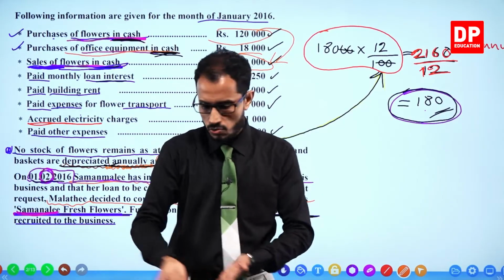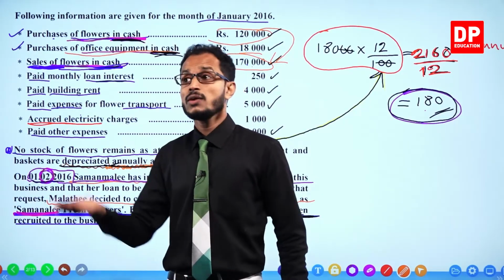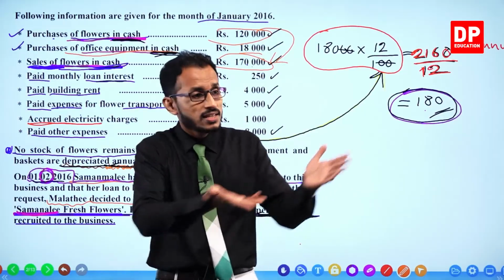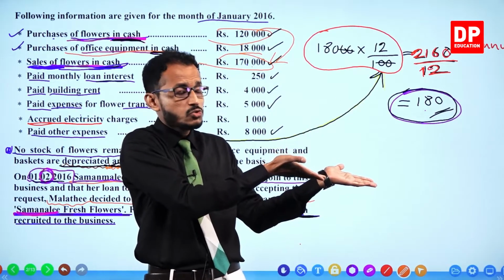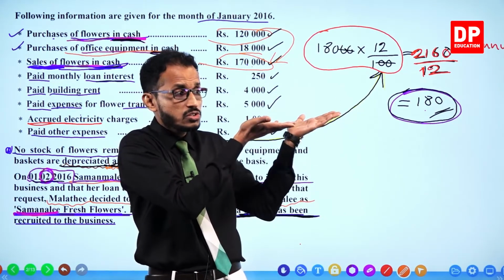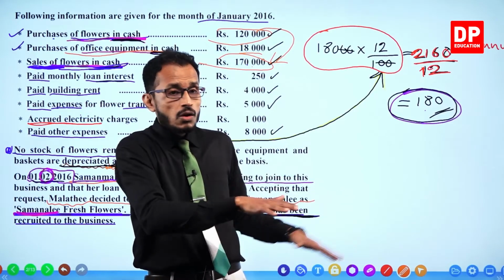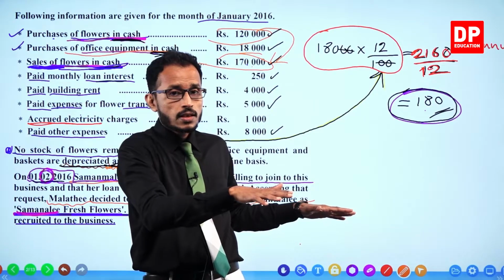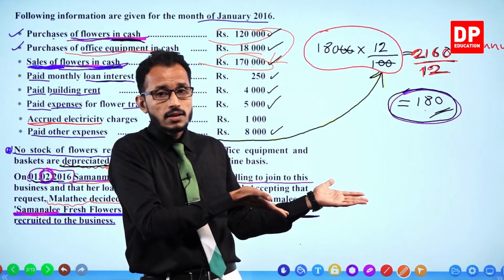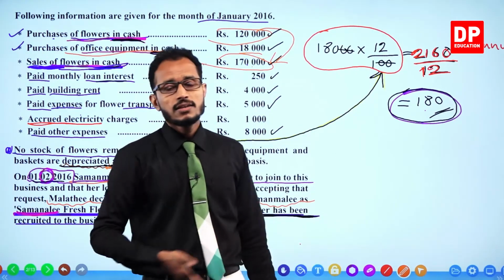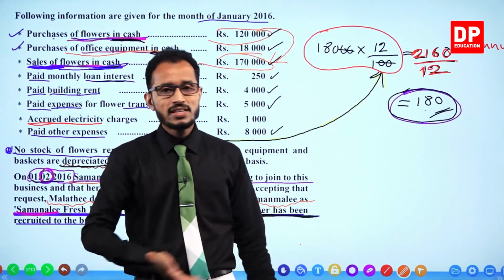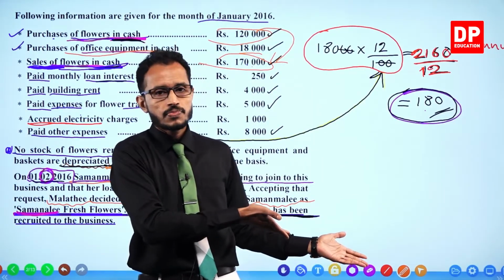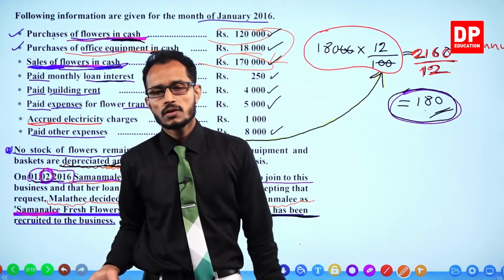If you open a business right here today, do you get an opening stock? Opening stock means the remaining stock which was available, which was in the shop without selling, unsold, the remainder of the last year or the remaining stock of the last month which remained in the shop.